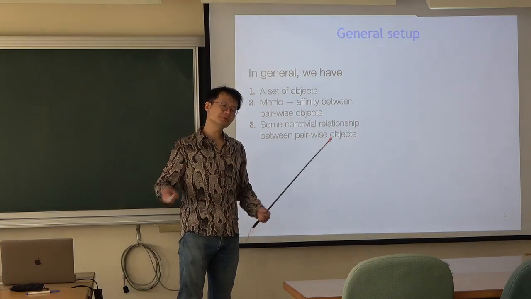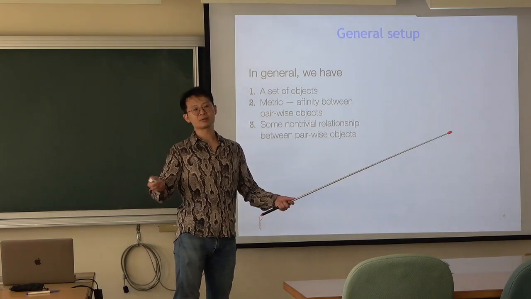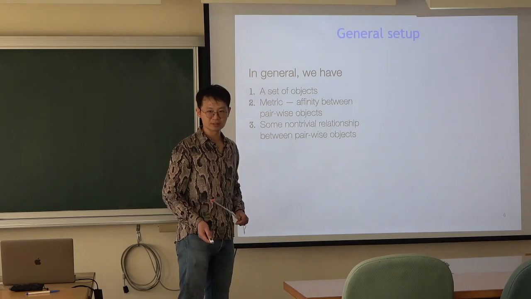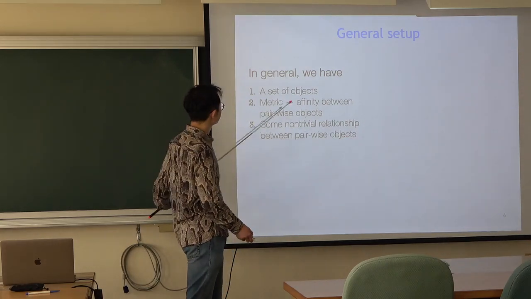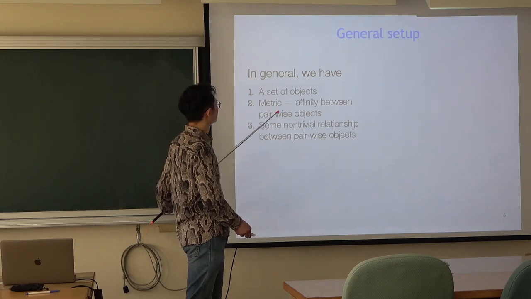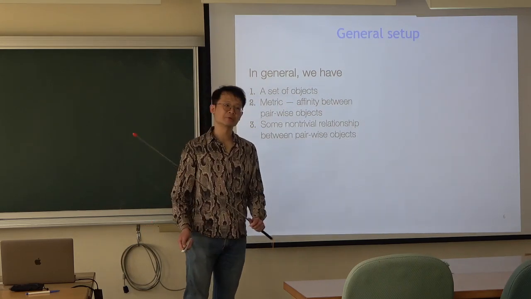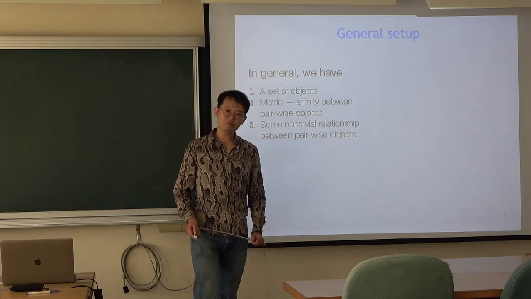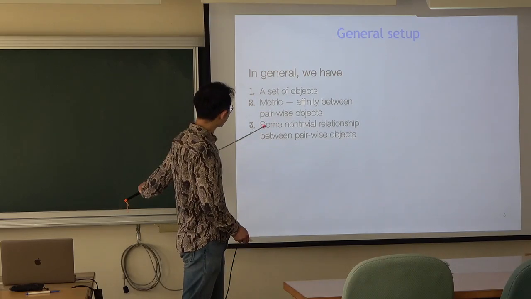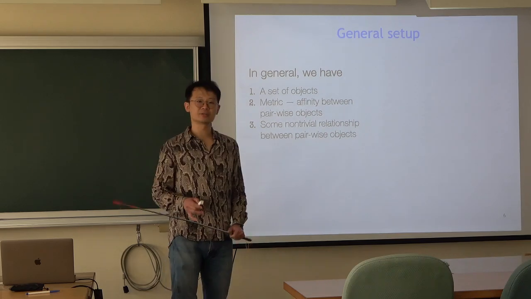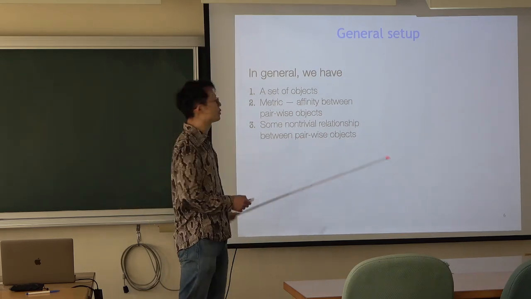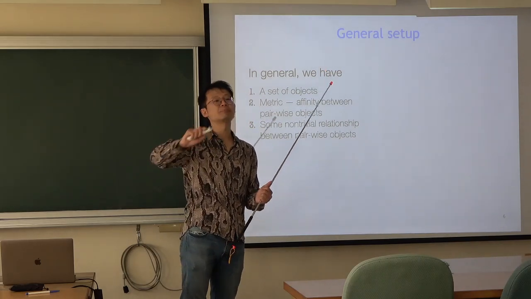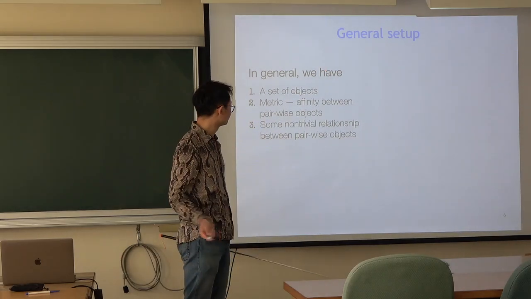To do analysis, you need to know how to compare two different objects or points, so you need a matrix to define the affinity between pairwise objects. Moreover, sometimes we have non-trivial relationships between pairwise objects, for example, the rotation I showed you in the previous slide.